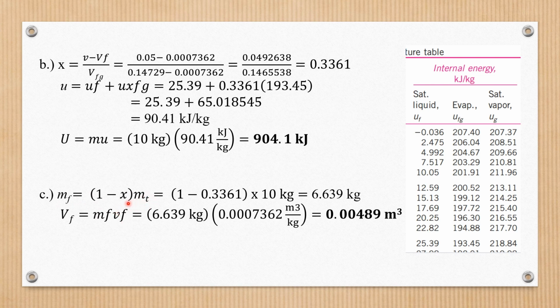Substituting the given values, we get 6.639 kilogram. Then we multiply it by the saturated liquid, which is 0.0007362 cubic meter per kilogram. Plug it in your calculator, and we will get 0.00489 cubic meter.